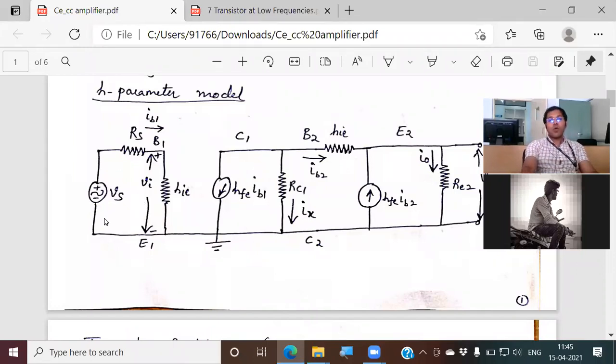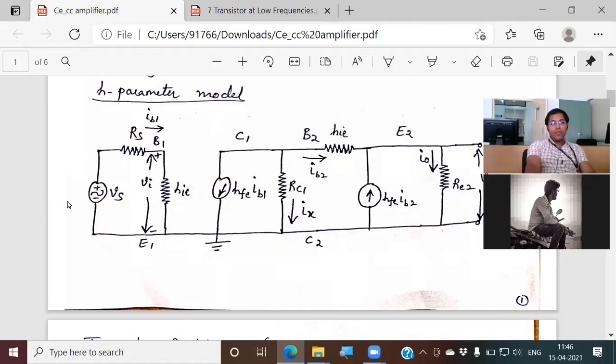So what we are doing, this circuit alone I will take. Only this part. I told you this part is isolated from this, isn't it? There is no bridge, so simply I can take this and analyze.